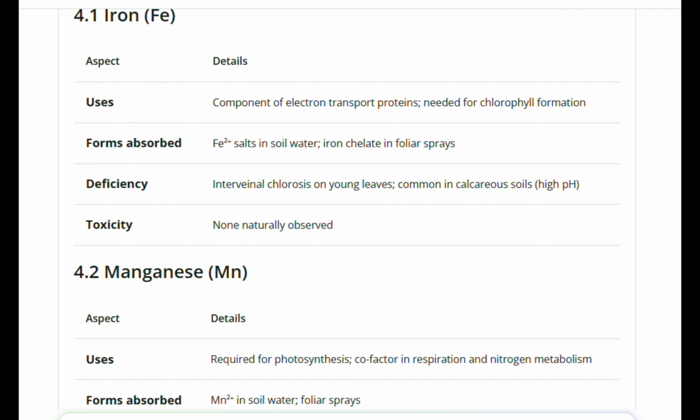The form absorbed is Fe2+ salts in soil water, and chelate in foliar sprays.